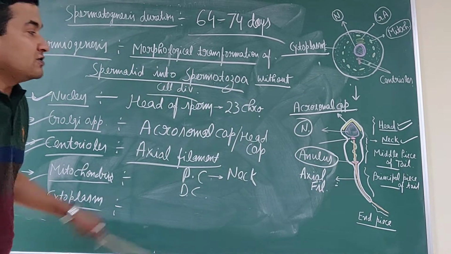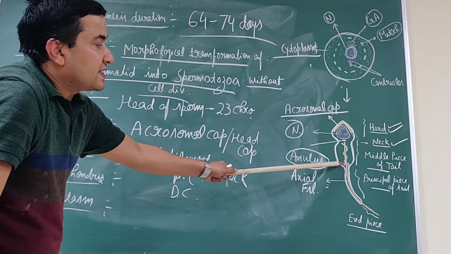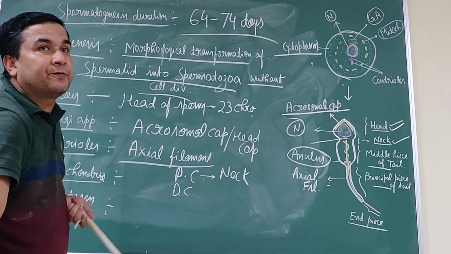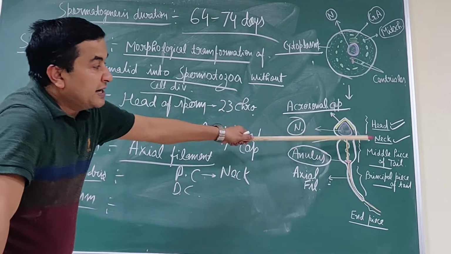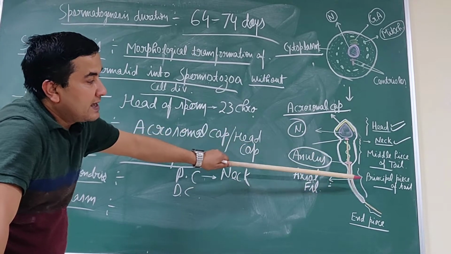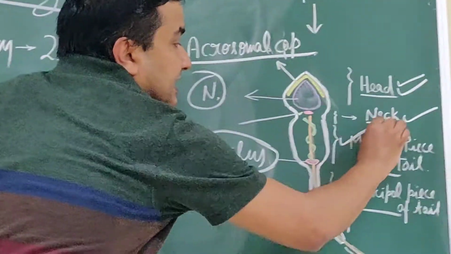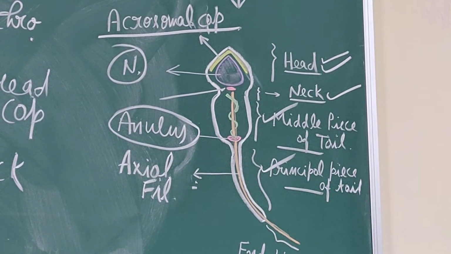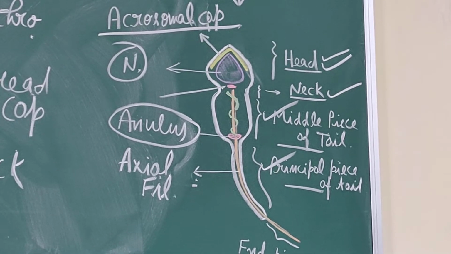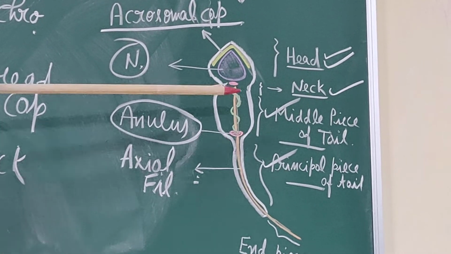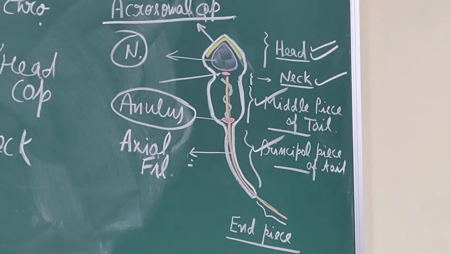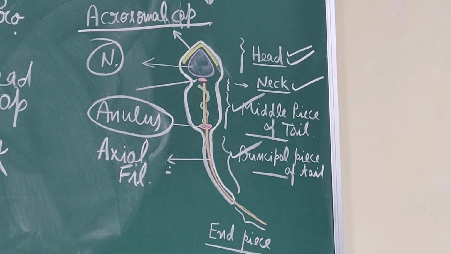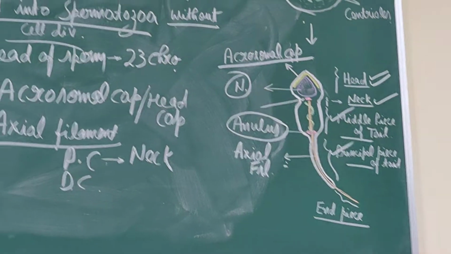This annulus is the distal centriole, and it is present at the junction of the middle piece and the principal piece of the spermatozoa, or we can say at the junction of the body and the tail of the spermatozoa. So this is the fate of the centrioles.